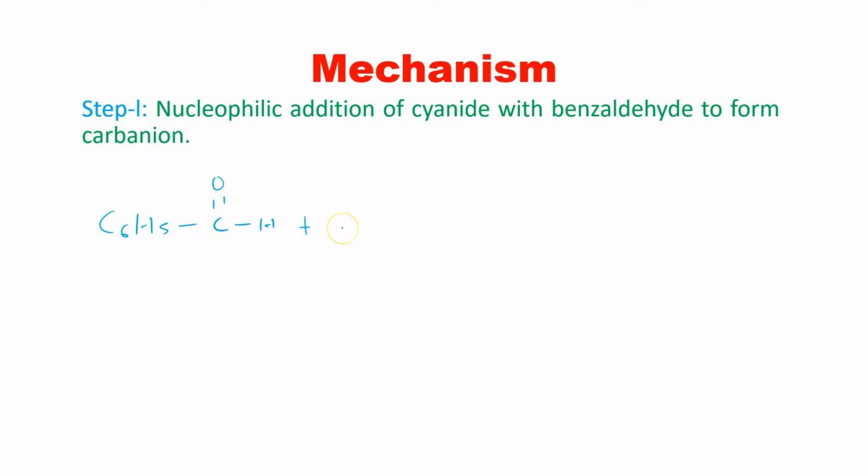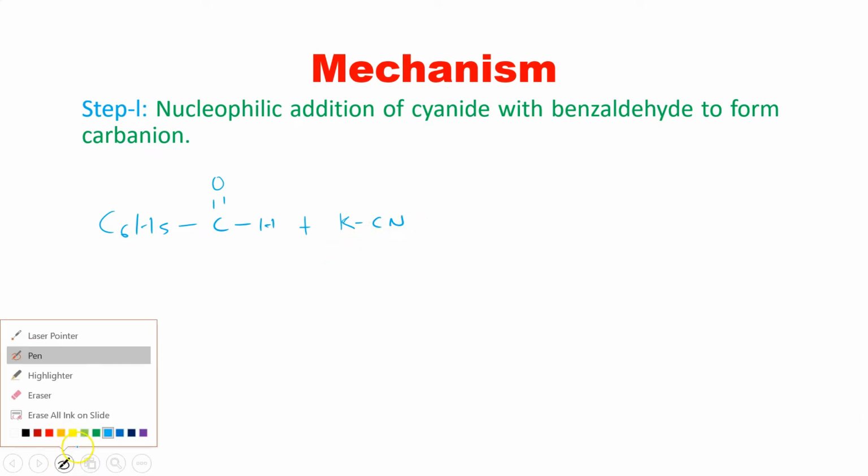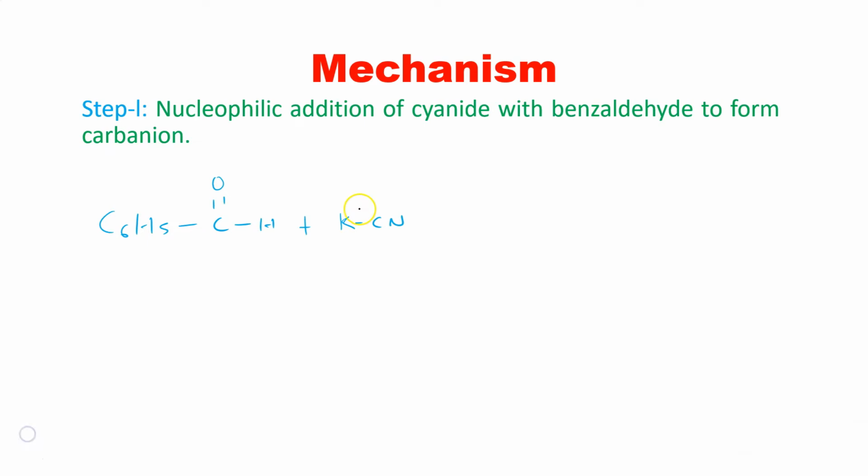So, sodium cyanide or potassium cyanide. See, further, this bond between potassium and cyanide will break in such a way that the electrons will be shifted onto the cyanide and it will gain a negative charge.